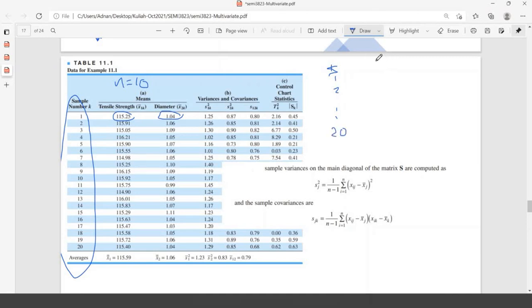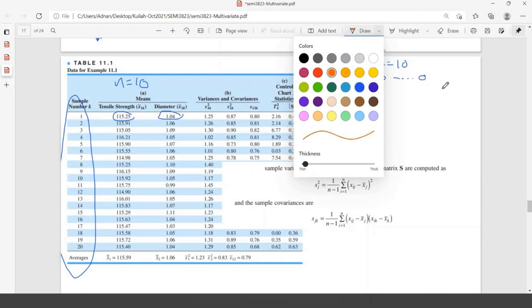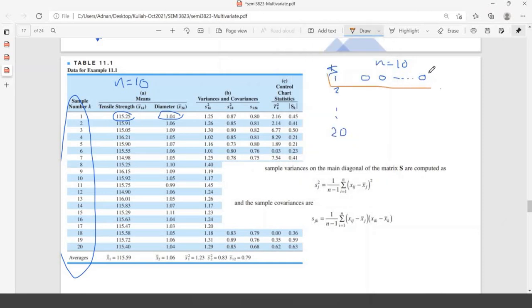And he has n equal to 10, so he has 1, 2, until 10. So now he takes this. One is the tensile strength, the other one is diameter. So he has x bar 1 here, x bar 2 here, which is taking the measurement.